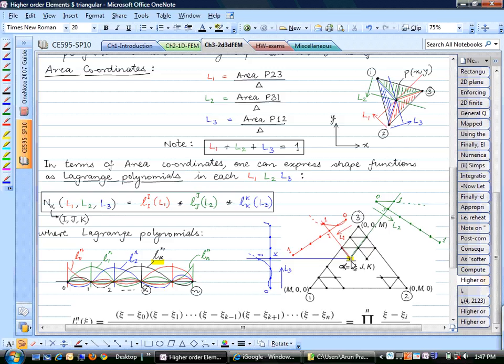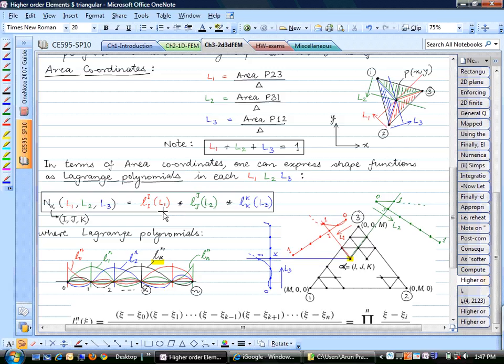Whatever shape function we generate must go to 1 at this point, and it must go to 0 at every other point. And in order to do that, we are going to use these Lagrange shape functions in the three L1, L2, L3 directions. Let's take a look at L1 first. So this is the formula that gives us the shape function for this node alpha.